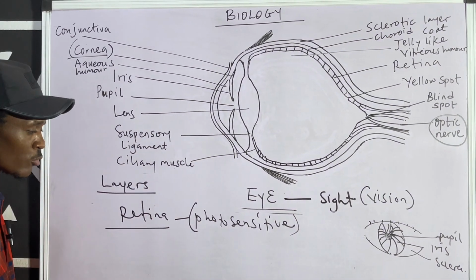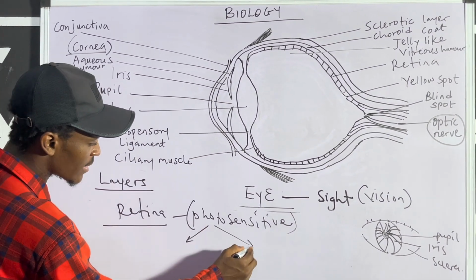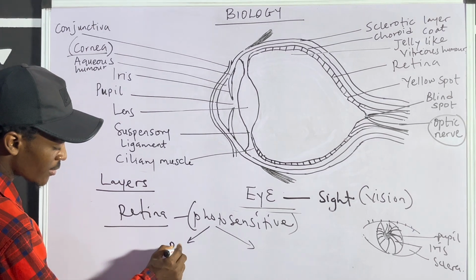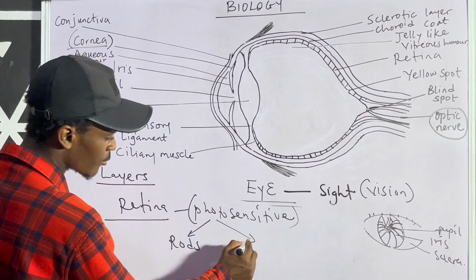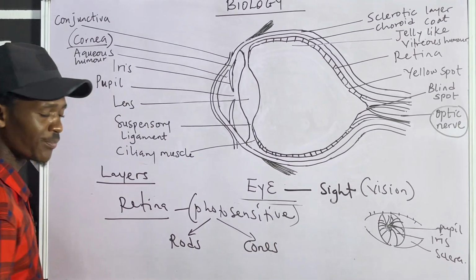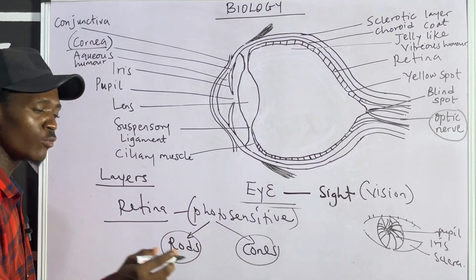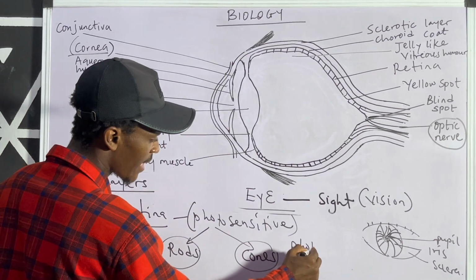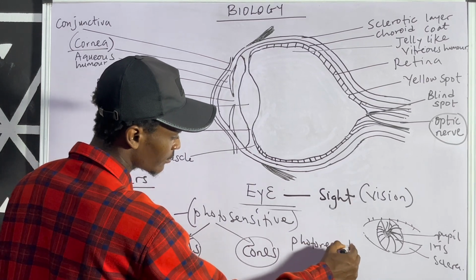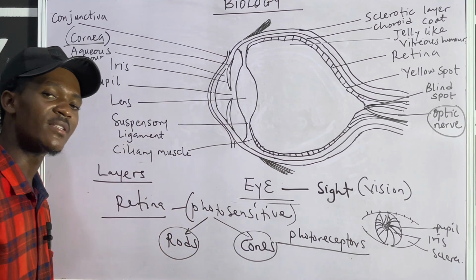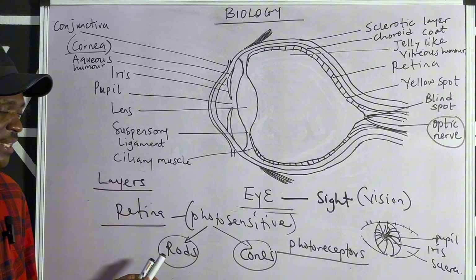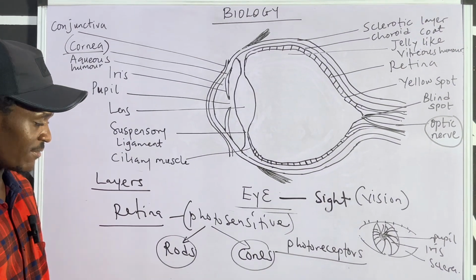They are grouped into two. And what are the two photoreceptors? We have the rods, and we have the cones. All right. The rods and the cones, they are the two photoreceptors. They are called photoreceptors because they are sensitive to changes in light. All right. These rods, please, you must be very attentive now.